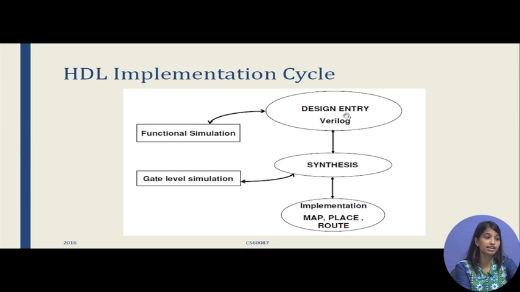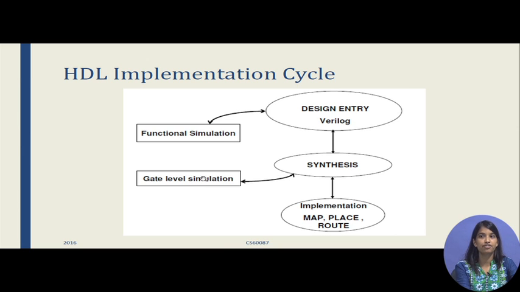And then we check the functionality of the design by doing functional simulation. So we check if the computation is being performed properly or not. So that's functional simulation, and from Verilog we do synthesis of the Verilog code and we get a gate level netlist. After the synthesis, we also do gate level simulation.